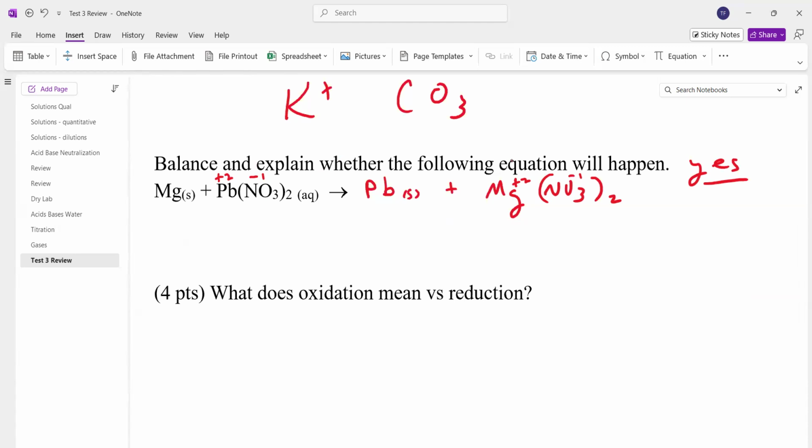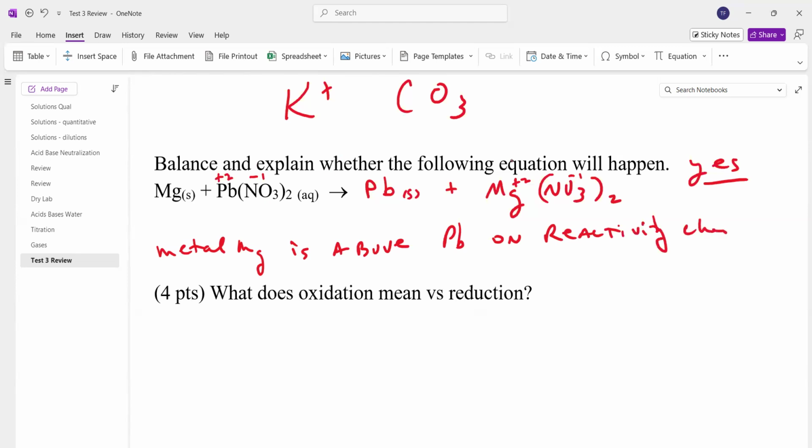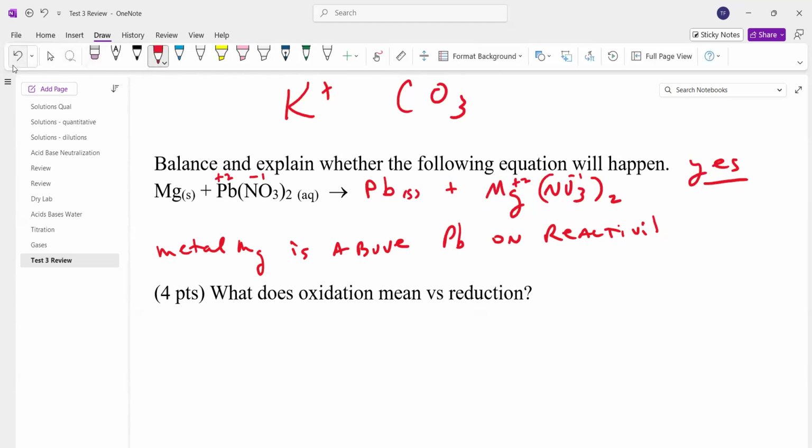Now, I may ask, why does this reaction go? And you will say, because the metal magnesium is above lead on the activity chart.